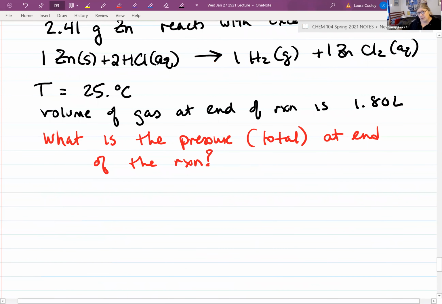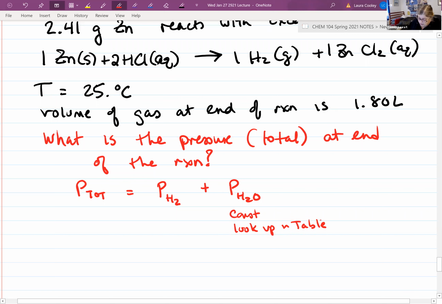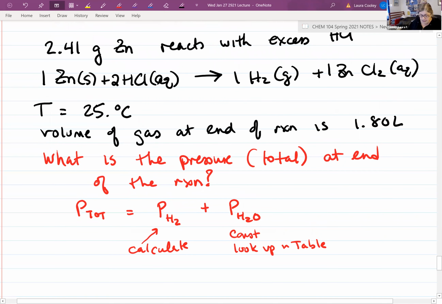And so what you have to remember now is that P total is the sum of the pressure due to the hydrogen gas and the pressure, which is the vapor pressure due to water. This is a constant. This you can look up in a table, which I'll give you in a few minutes. And this we have to calculate. And how are we going to calculate it?